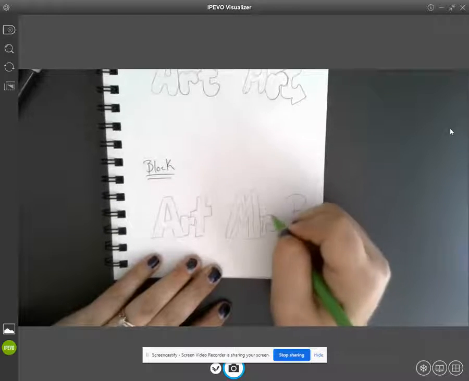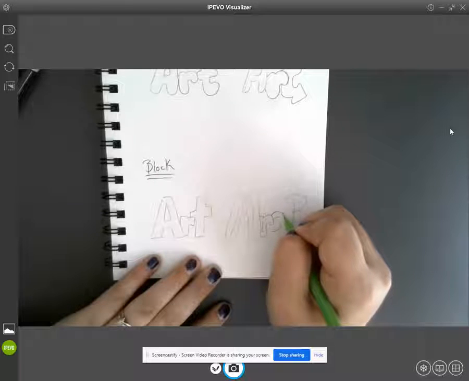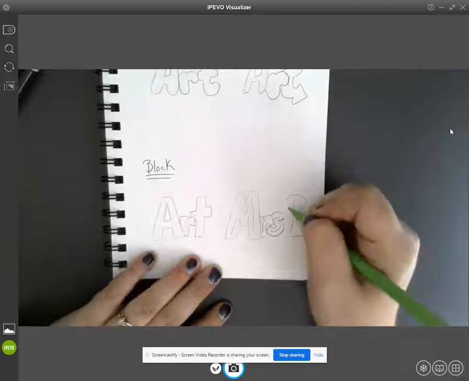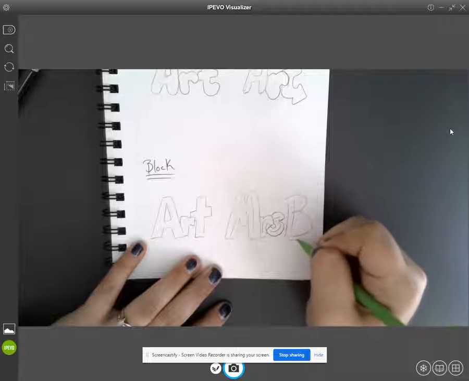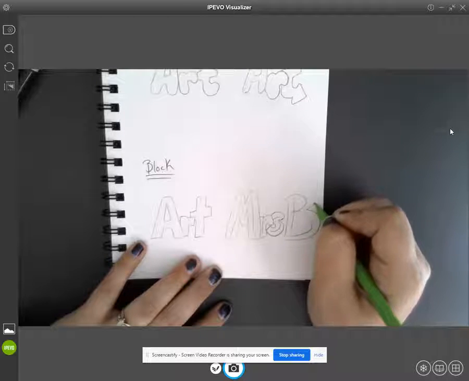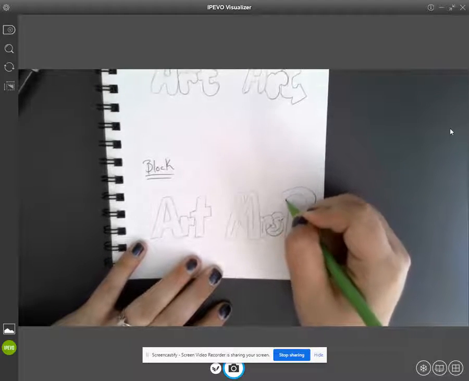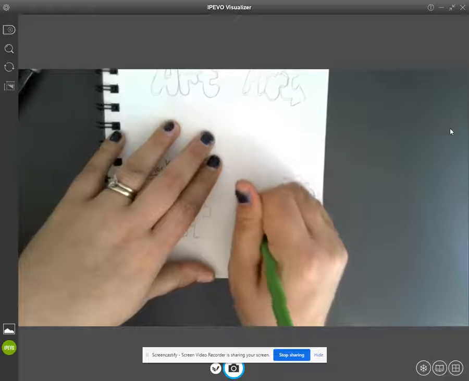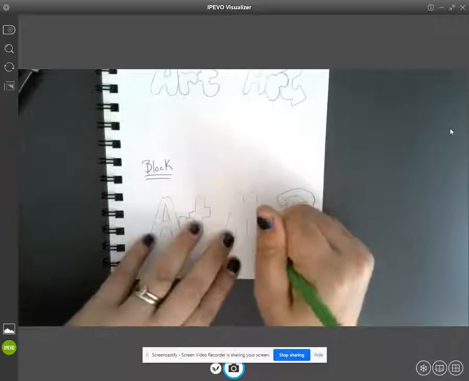My S and my B is where it gets complicated. I'm going to follow the curve, but at the end, put a little straight line. Follow my curve, but at the end, put a little straight line. And I can still have that block letter look, because whenever I come across a little point like this one, I still use those straight lines. Then, of course, erase the letter inside. Nice and easy to do.